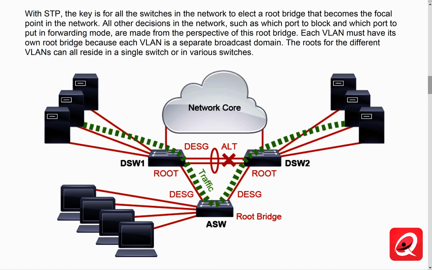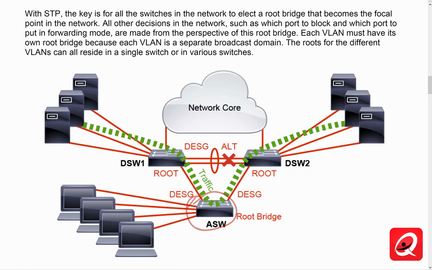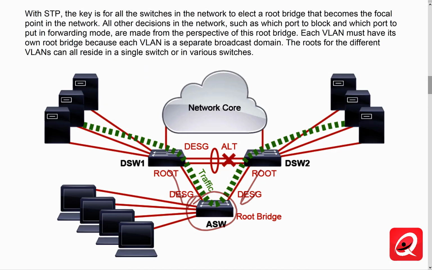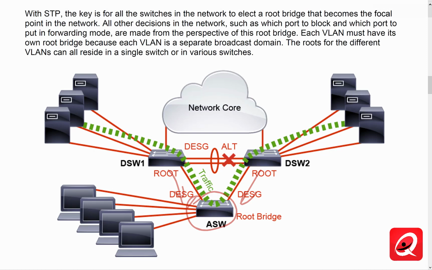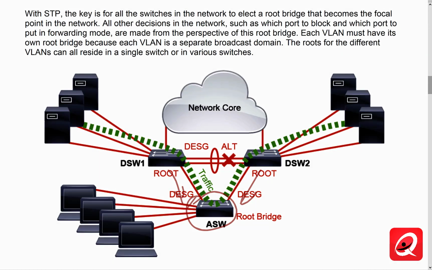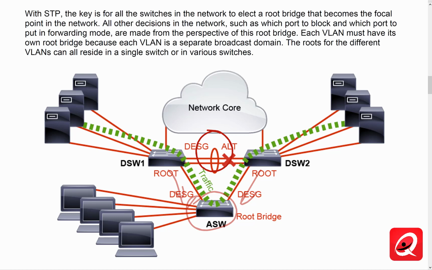In this particular example, if ASW, the access switch, became the root, it is possible that these switches would then choose their root ports based on the fact that that is essentially the best way to get to the root, and this nice big fat EtherChannel link between the two distribution switches would be disabled because we have to do loop avoidance.